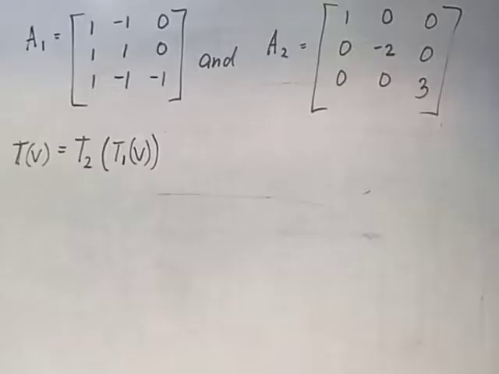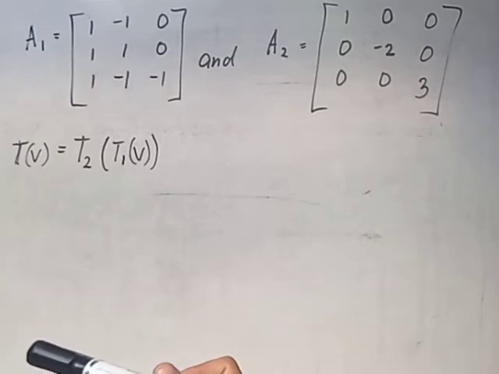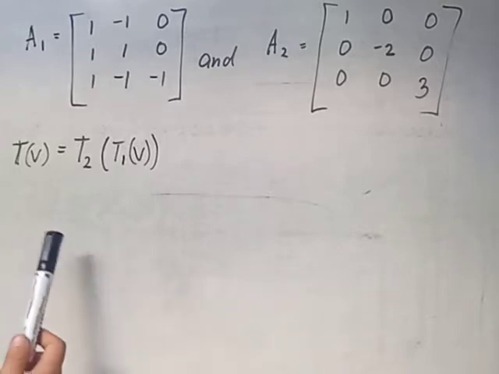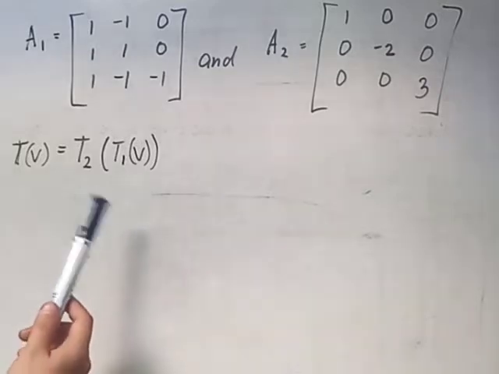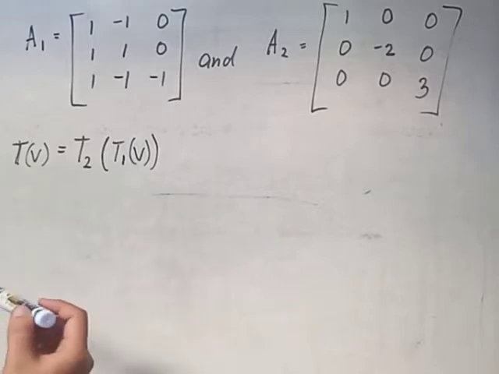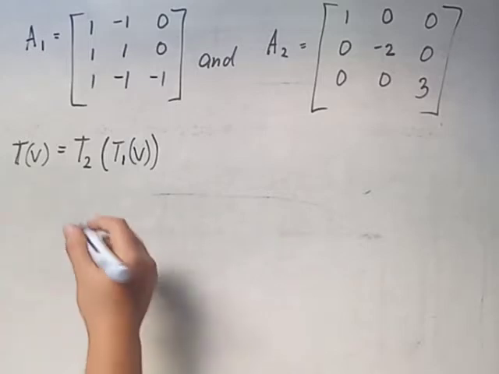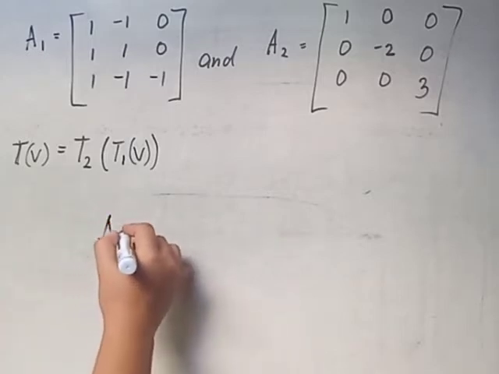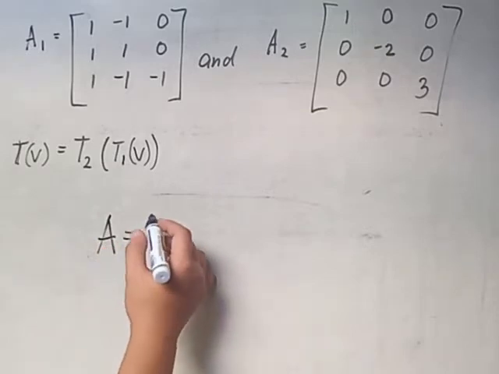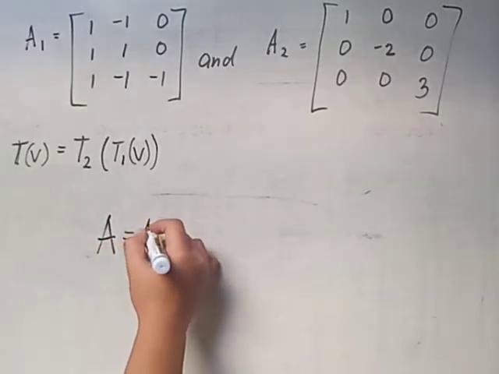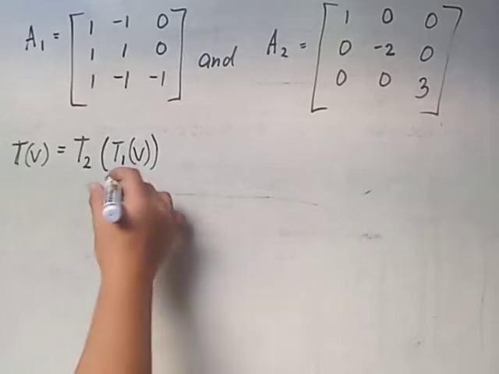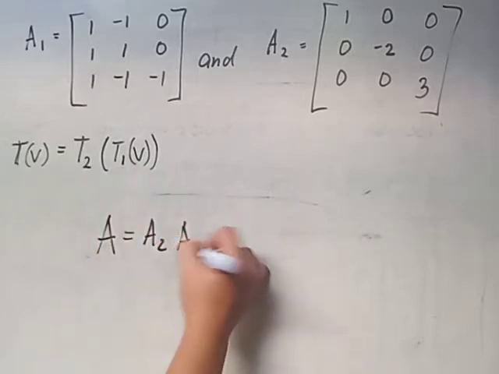So if matrices A sub 1 and A sub 2 are the standard matrices for the linear transformations, and it is defined that we will get the linear transformation by getting its composition, that is T sub 2 times the quantity T sub 1 times V, meaning we have to get its transformation matrix, which is the product of A sub 2 and A sub 1.